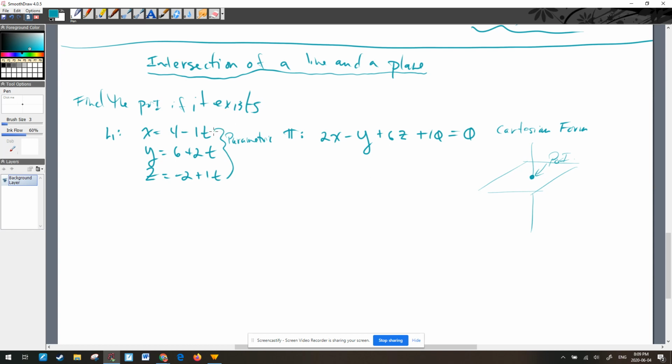Now, we have one parameter. This t must be consistent for this whole shooting match. And we know that every point that lies on this plane must satisfy the equation of the plane. So when I take my ordered triple, if I substitute the x, the y, the z in here, when I simplify this entire left side, it's got to become a 0.